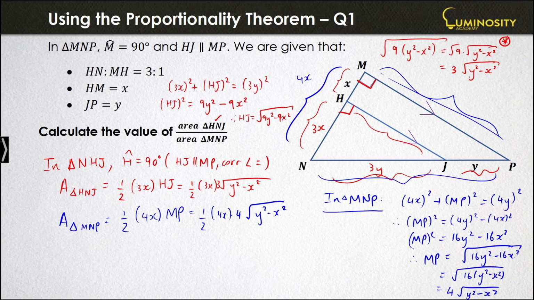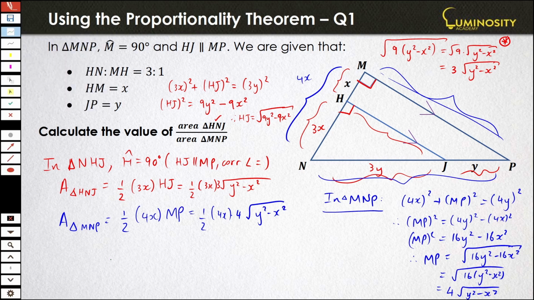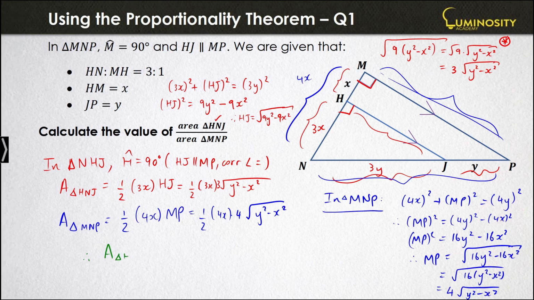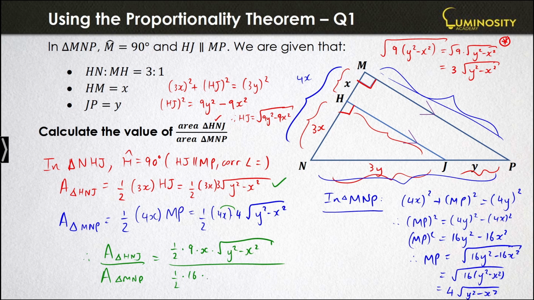Doing these algebraic manipulations is necessary so that when we divide, there are terms that are equal to each other and we can divide them out. So the area of triangle HNJ divided by the area of triangle MNP is going to be 1/2, 3 times 3 is 9, times x times the square root of y squared minus x squared, divided by a half times 4 times 4 is 16, times x times the square root of y squared minus x squared.